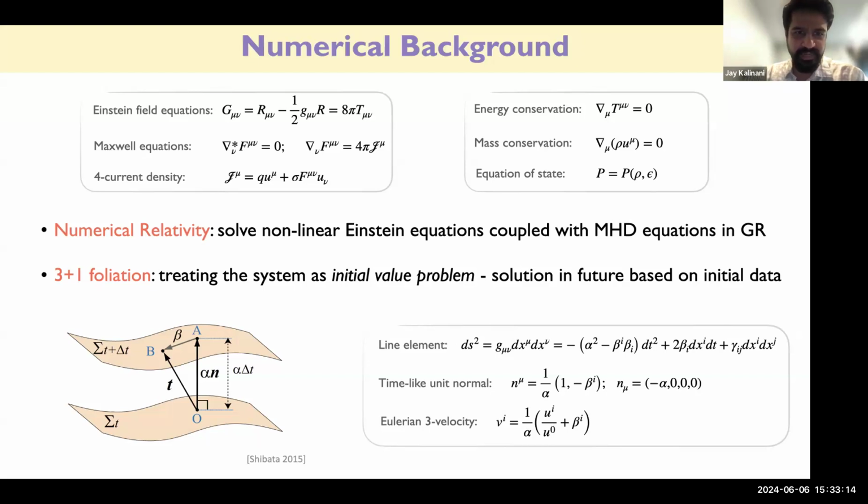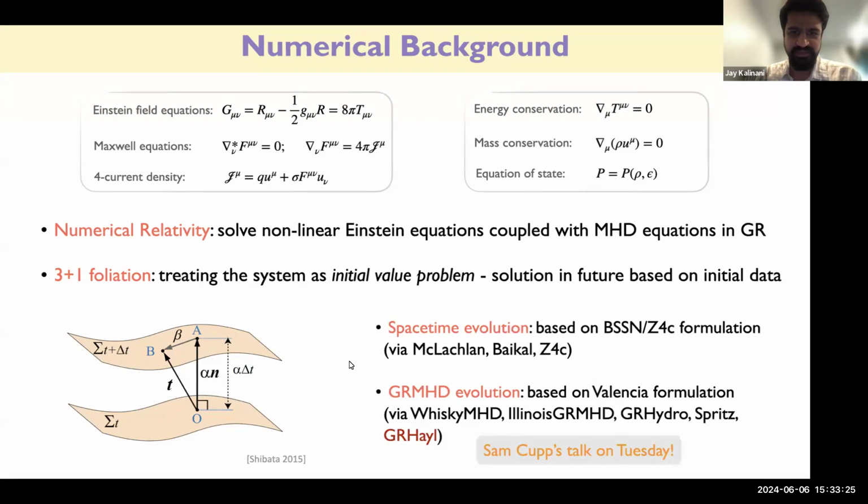And the standard approach that most of the codes follow is this 3+1 technique, which has been extensively talked about. So typically, for spacetime evolution, which is based on BSSN or Z4C or your favorite formulation, there are thorns in the Einstein Toolkit, such as McLachlan, Z4C, etc. And for GRMHD evolution, which are typically based on these Valencia formulations, we also have different state-of-the-art codes such as WhiskyMHD, IllinoisGRMHD, GRHydro, Spritz.